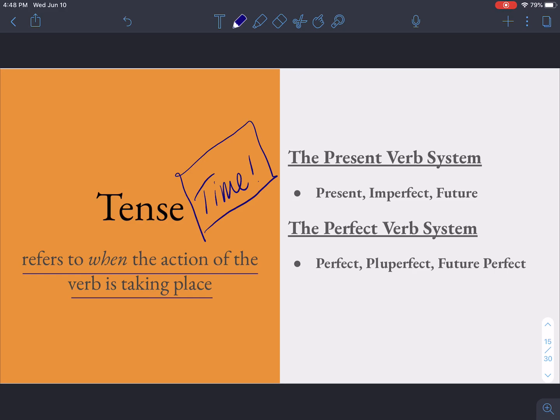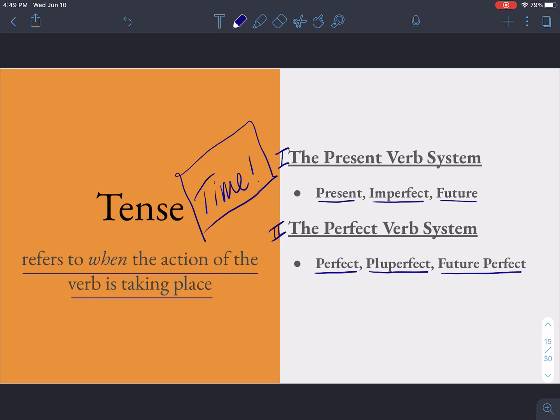The first verb system is the present verb system, and there are 3 tenses included in it. Those tenses are the present, the imperfect, and the future tense. The second verb system is known as the perfect verb system, and there are 3 tenses included in that system. There's the perfect, the pluperfect, and the future perfect.